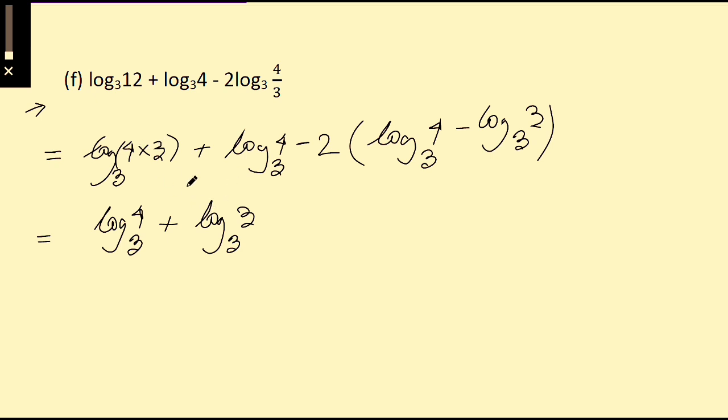We also have log 4 to the base of 3 minus 2 times log 4 to the base of 3. Then here minus 2 and minus this one will become plus 2 times log 3 to the base of 3.